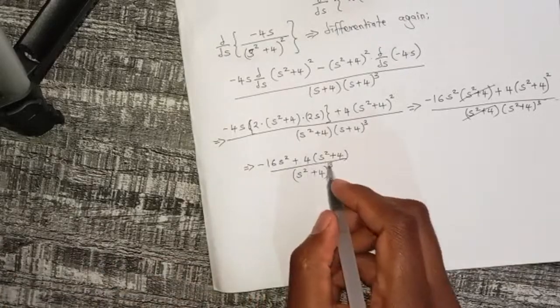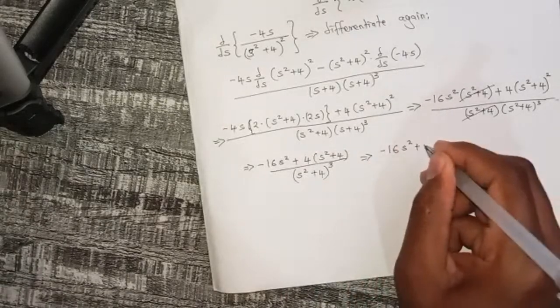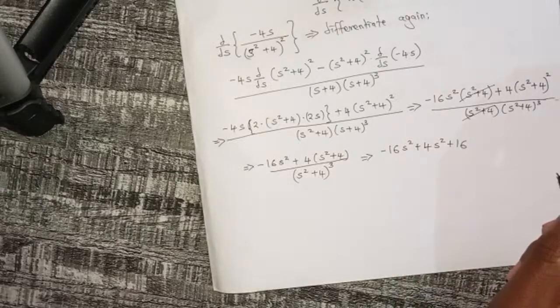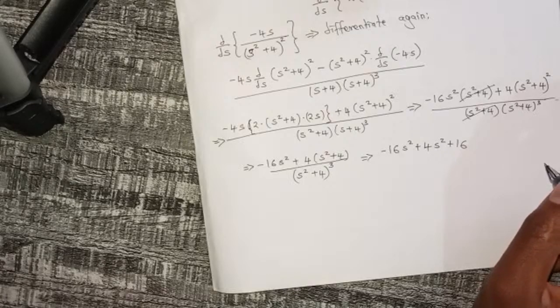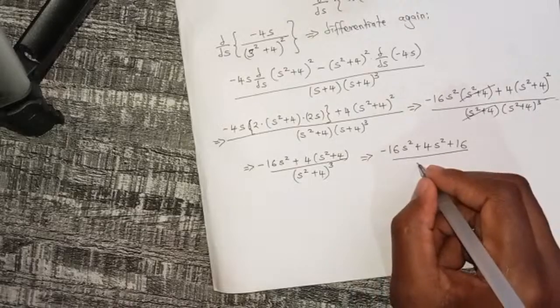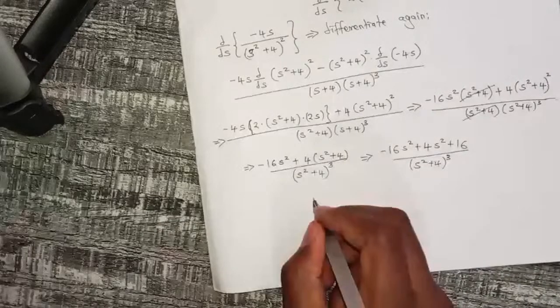So if we collect the like terms on the numerator part, this is minus 16s squared plus 4s squared plus 16, divide everything by s squared plus 4 cubed.